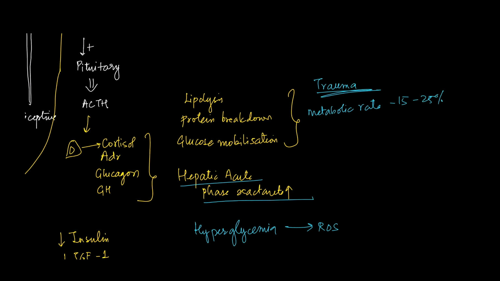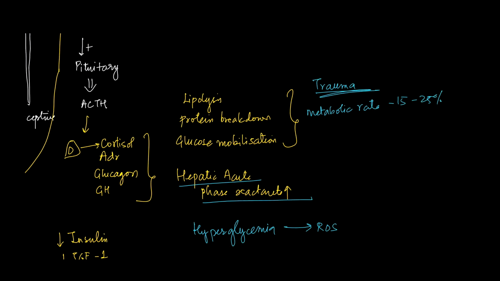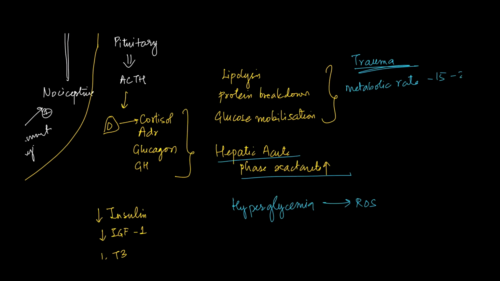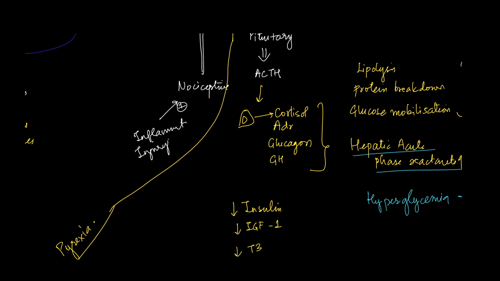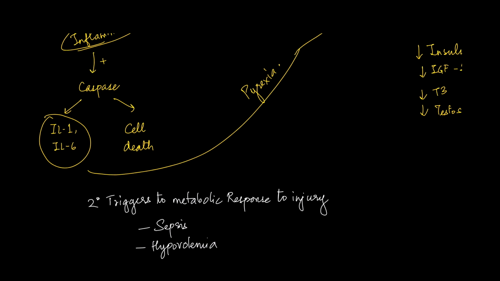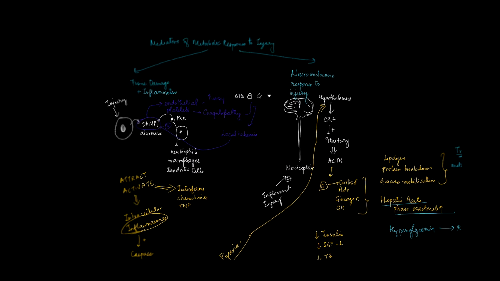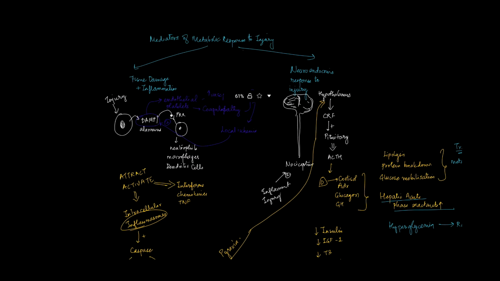And as we've discussed, the metabolic rate may rise up to 15 to 25%. There is an increase in the hepatic acute phase reactants, and there is hyperglycemia. Due to the effects of the interleukins, the local inflammation, there is also pyrexia, as it leads to central thermodysregulation. So this in all entails the mediators of the metabolic response to injury.